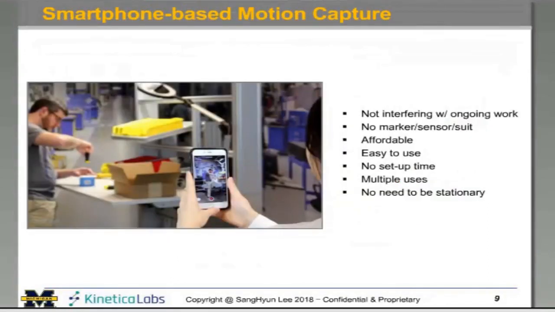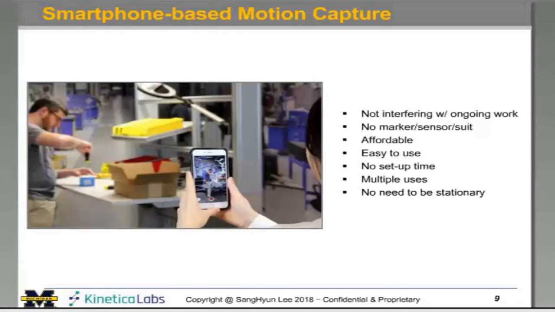Let's say one day you walk around your job site in the plant and you see that something is awkward, and you can just pull out your smartphone and record the video. No markers or sensors are needed. You just use your smartphone, so you don't have to interfere with what workers are doing. It is also very affordable. You don't need any sensors, so no hardware is required.